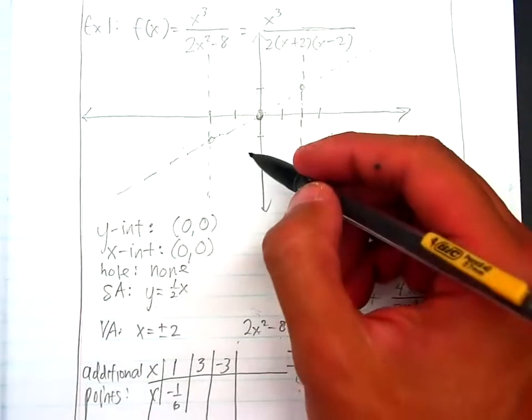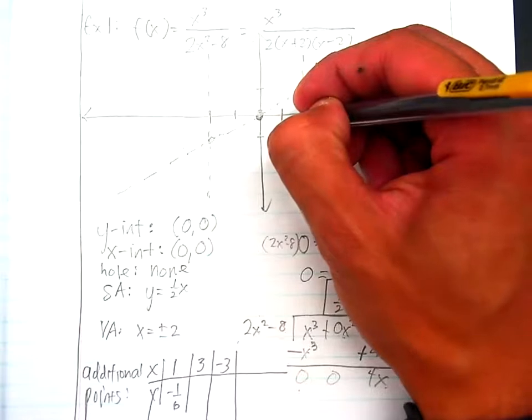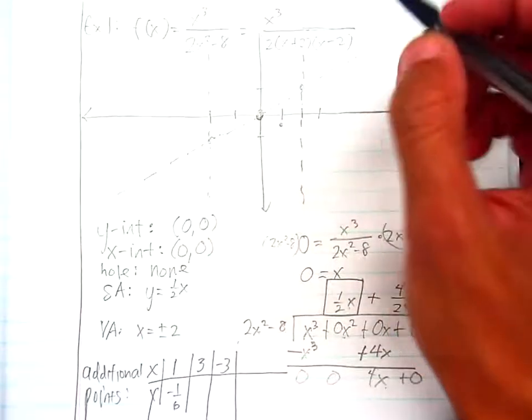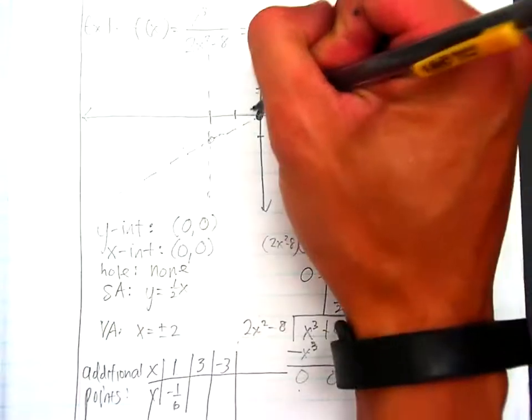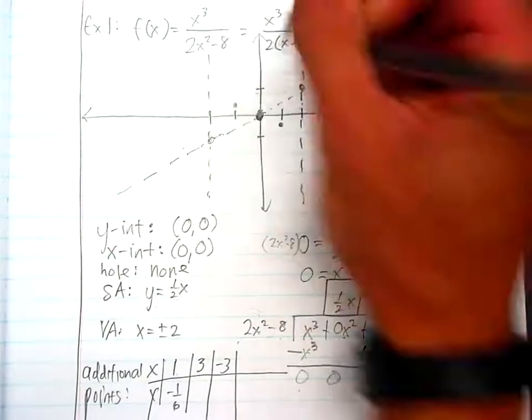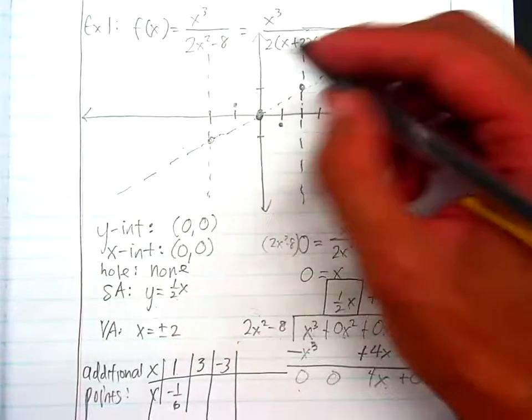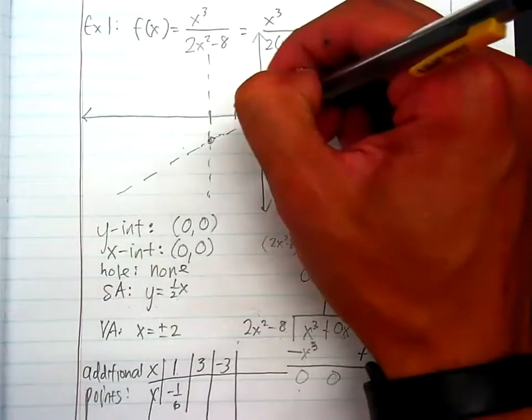So it would be 1, -1/6. So it's somewhere here. And I can kind of guess if I plug in -1, it'll be +1/6. So between here and here, I already know it goes down towards the vertical asymptote, and I know it goes up towards the vertical asymptote.